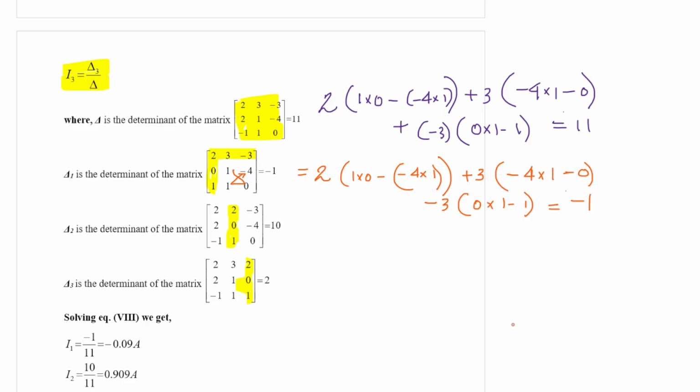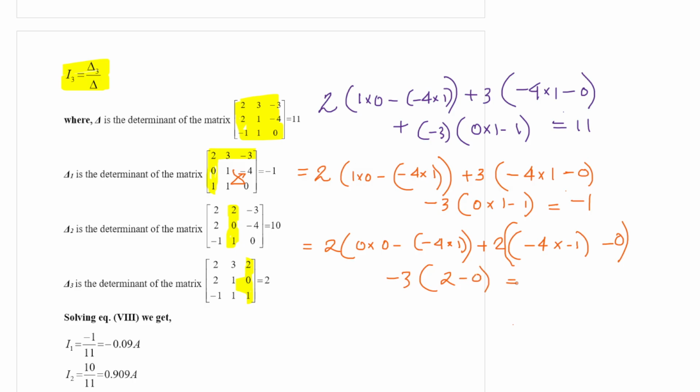If you evaluate delta 2, you will get 2 into 0 into 0 minus 4 into 1, plus 2 into minus 4 into minus 1 minus 0, then minus 3 into 2 minus 0. So if you solve, you will get 10.